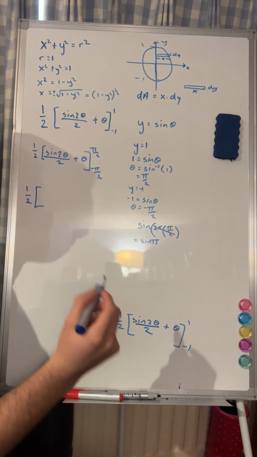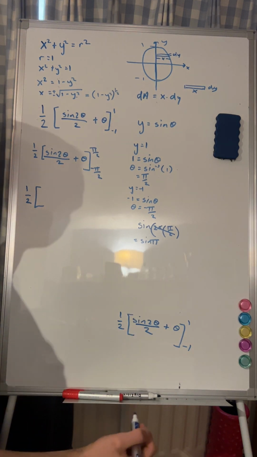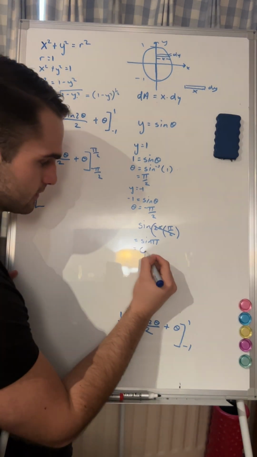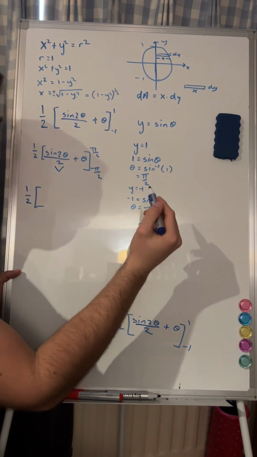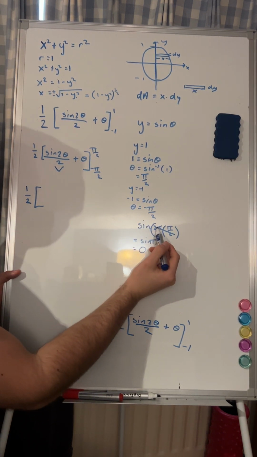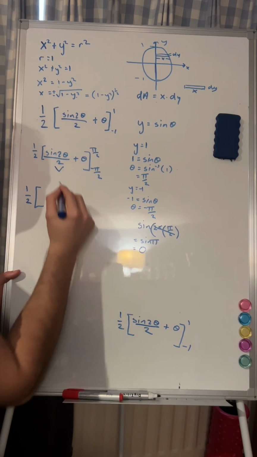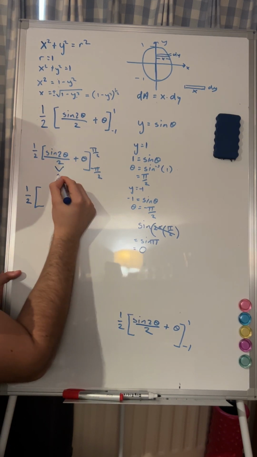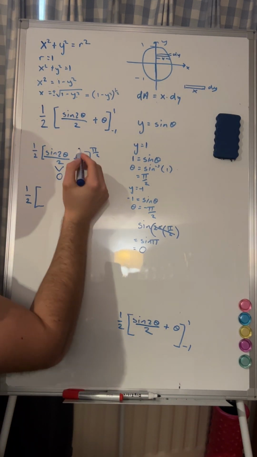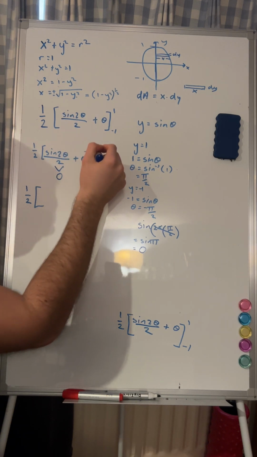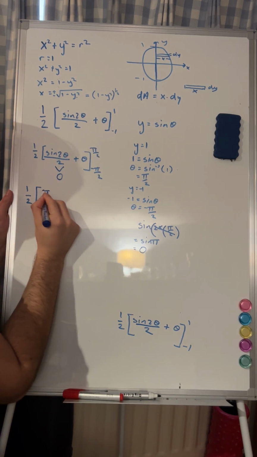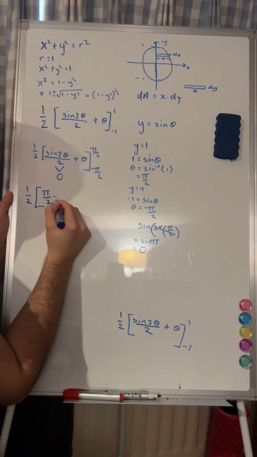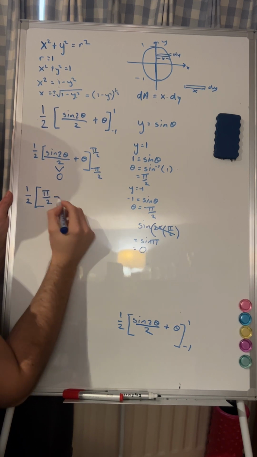Sine pi in radians is 180 degrees, which is equal to 0. So this term, and minus pi over 2 will go to minus pi because we have to double it, so it also goes to 0. So this entire term goes to 0. So now really we're just doing half of theta between pi over 2 and minus pi over 2, which is the same as saying half of pi over 2, and then we get minus pi over 2.